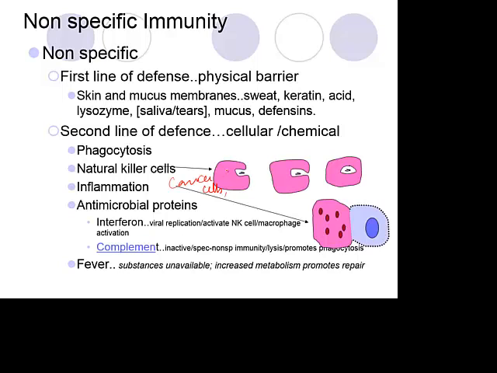The third type of second line of defense is what is known as inflammation. So I'm going to leave this for now, and we'll look at inflammation in a little more detail. Inflammation consists of cells coming to that part, and the idea is to make sure that whatever injurious stimulus has come in, it is localized to one spot so it doesn't spread around.